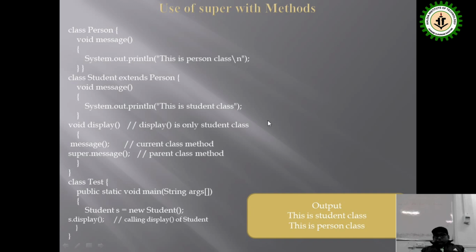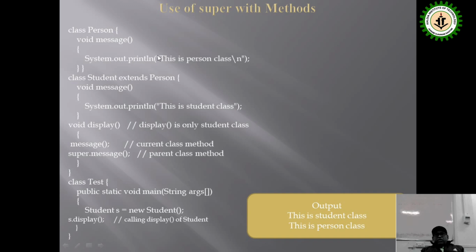Next, we use super with methods. Class Person is the base class or parent class. It has a method named void message, which prints that Person is a class.